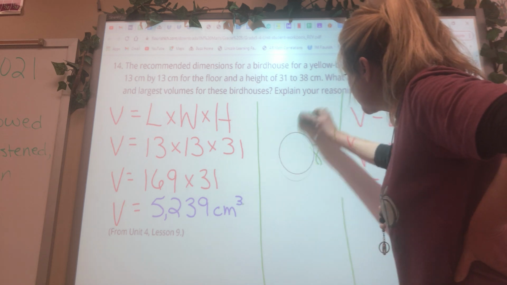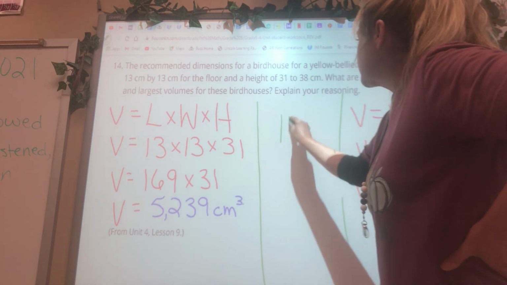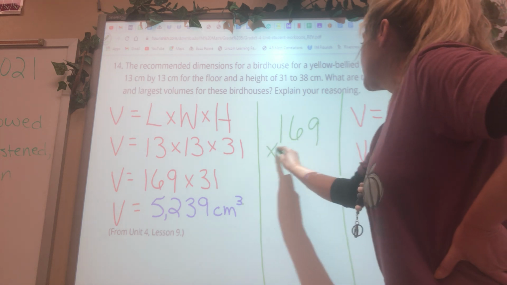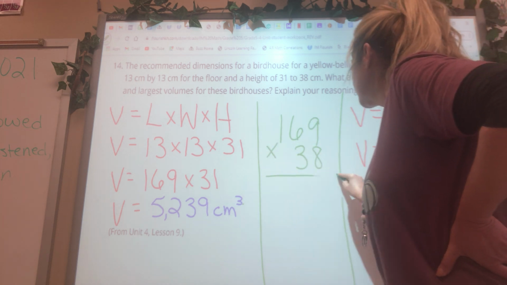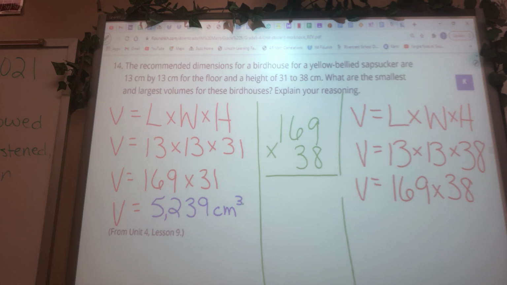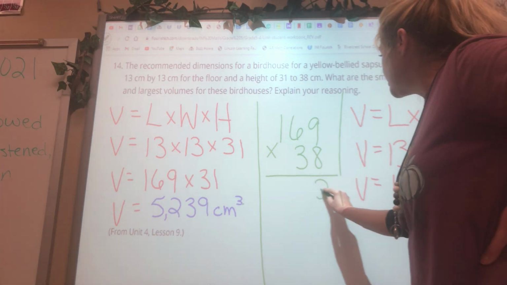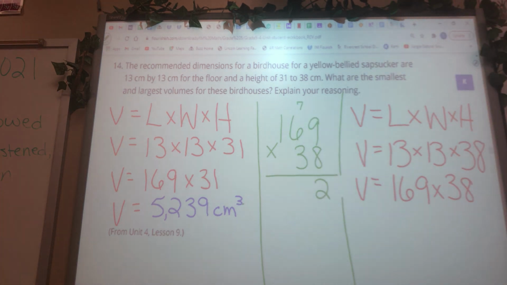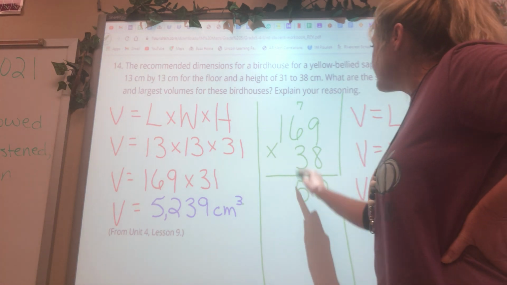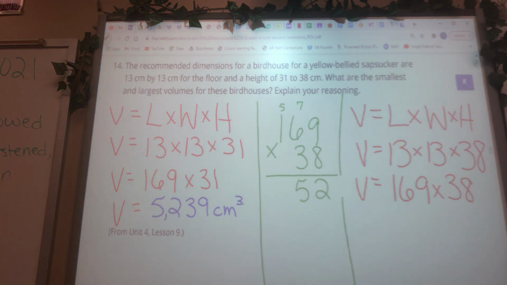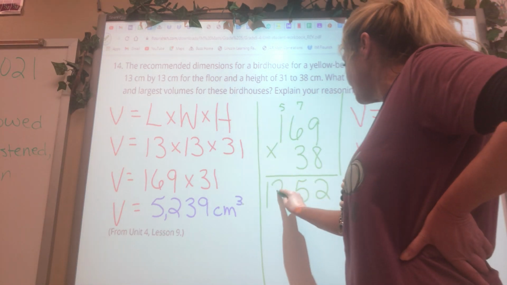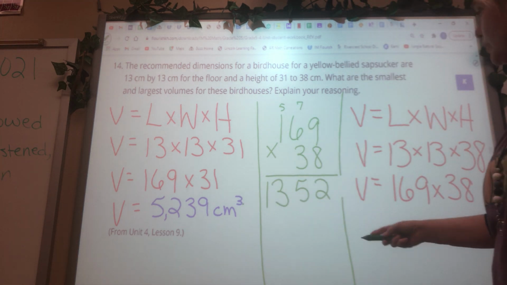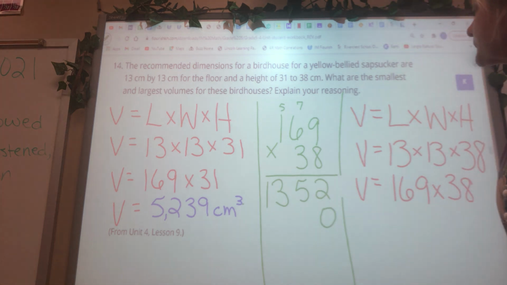Hang on, I'm getting ahead of myself. 169 times 38. Okay. 8 times 9 is 72, carry my 7. 8 times 6 is 48, plus 7 is 55, so carry my 5. 8 times 1 is 8, plus 5 is 13. And then we placeholder 0.